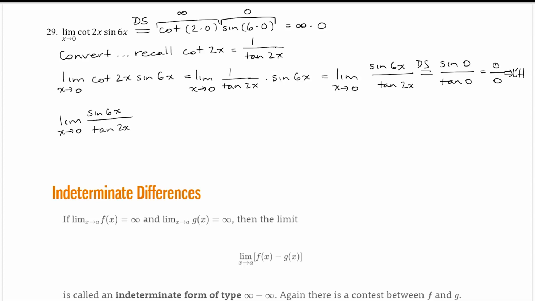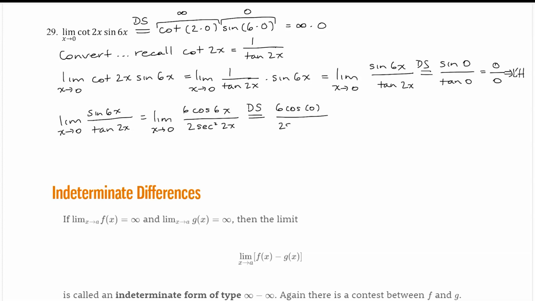Once we know that, we can say the limit as x approaches 0 of sine 6x over tan 2x, using L'Hopital's rule, is the limit as x approaches 0 of derivative over derivative. The derivative of the sine of 6x is 6 times the cosine of 6x, using the chain rule. And the derivative of tan 2x is 2 times the secant squared of 2x.